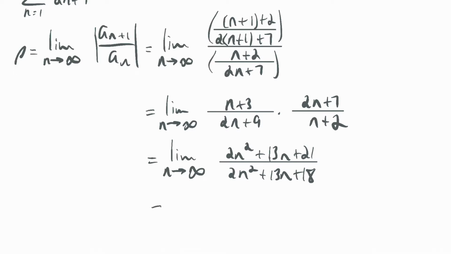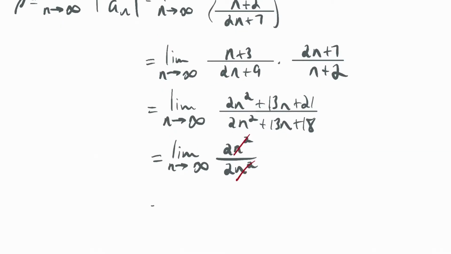Since n is going to infinity, these lower degree terms don't affect the results. This is the limit as n goes to infinity of 2n squared all over 2n squared. I can cancel the n squared factors, so I get the limit as n goes to infinity of 1, which is, of course, 1.